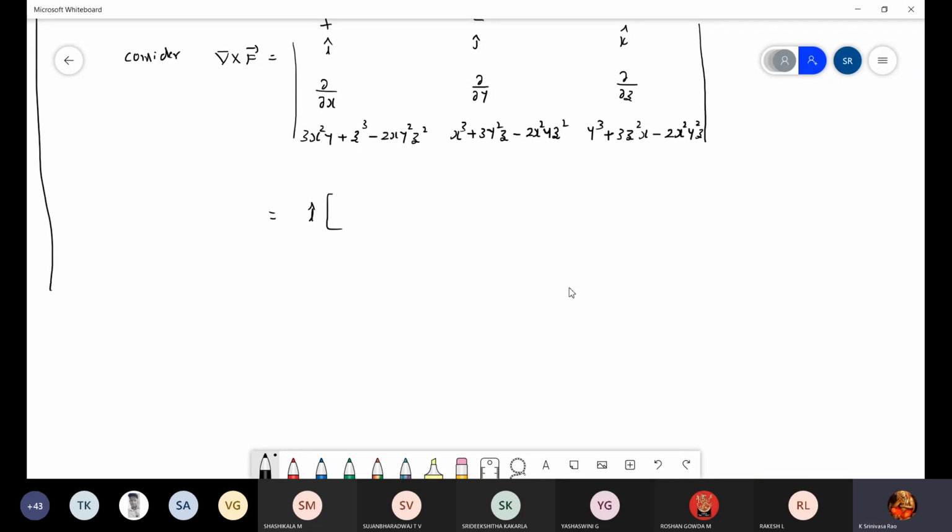Will you do this problem? Correct. Write one more step: i cap into dou by dou y of y cube plus 3z square x minus 2x square y square z. Similarly, dou by dou z of the other term. So I will write the direct answer.